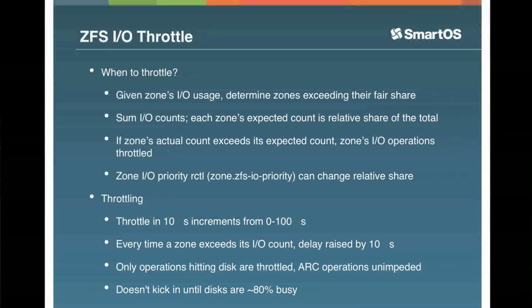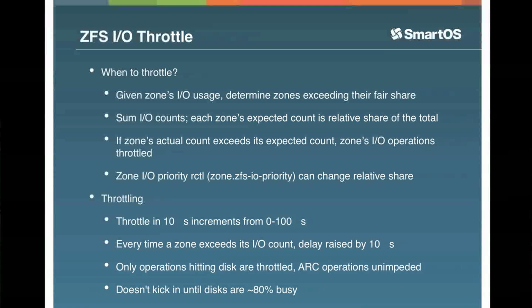So given that, the question is, when do we throttle a zone? By summing that together, we can quickly see if one zone is using more than its fair share of the I/O.